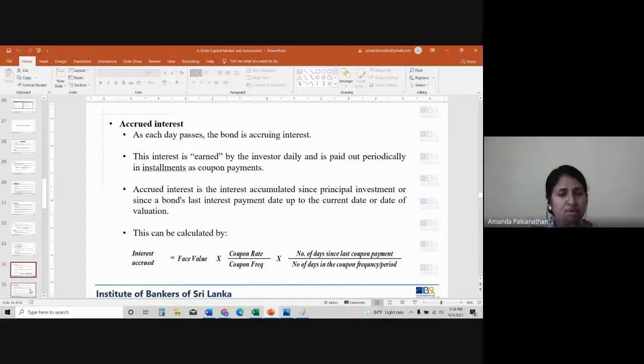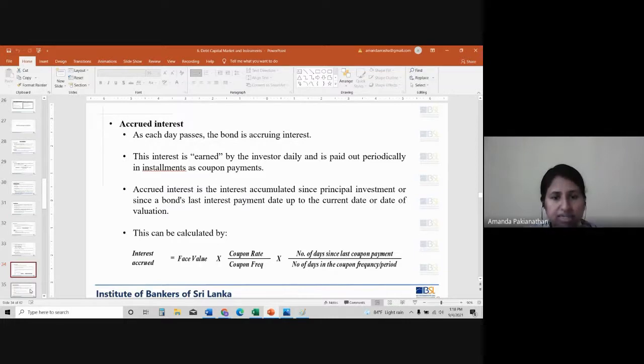Now think about this. I have a 5-year bond. Interest is paid out annually. Imagine I invested in January of 2021. The interest I will get in December, even though in nominal terms, will be equal to the interest I will get next year December as well. Nominally, let's assume each year I get 1000 rupees as interest, it won't change. It will be the same.